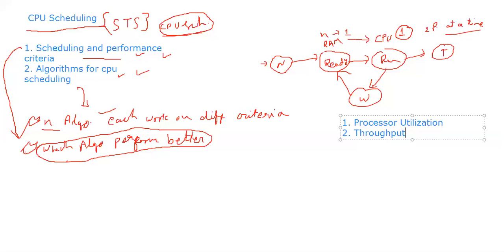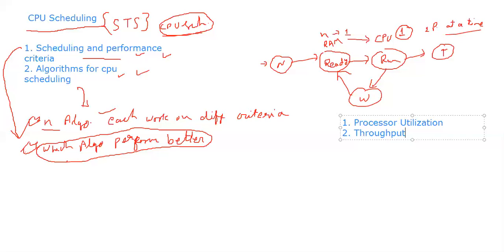Now, if I ask how many processes I have completed in 100 units of time, that is a total of 100. That is its throughput, in terms of per unit of time.